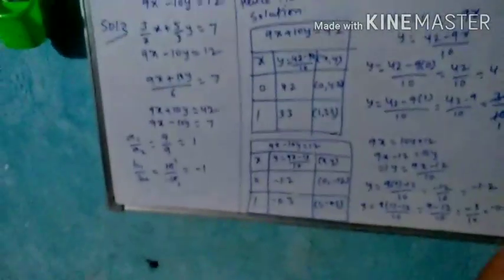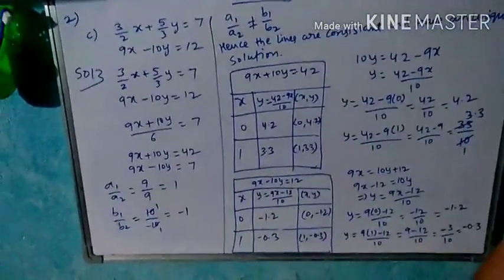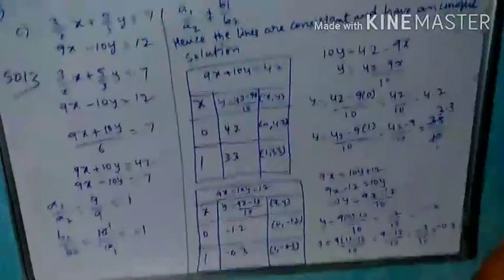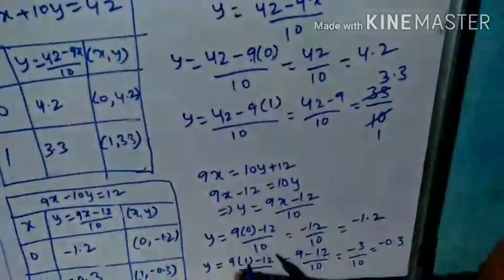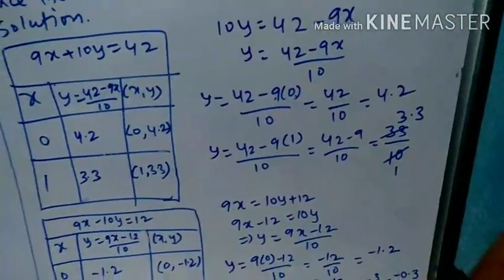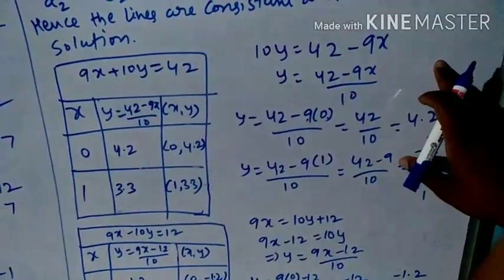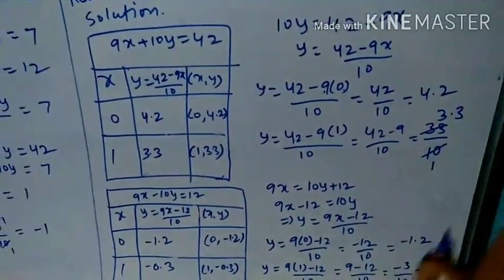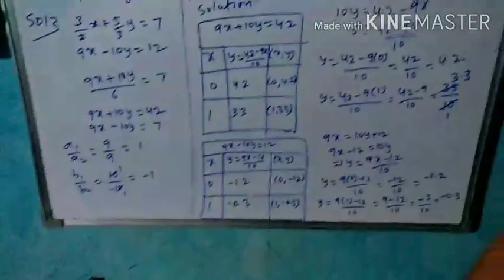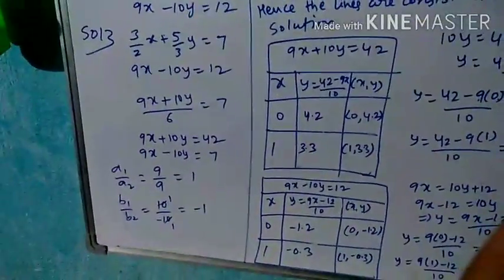Okay, first write this. This all work is rough work. If you want to write, write; otherwise, don't write, do it roughly. This table is important.